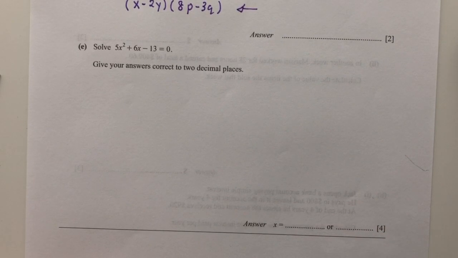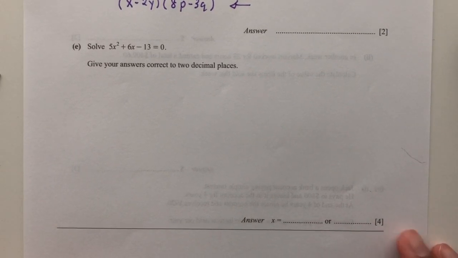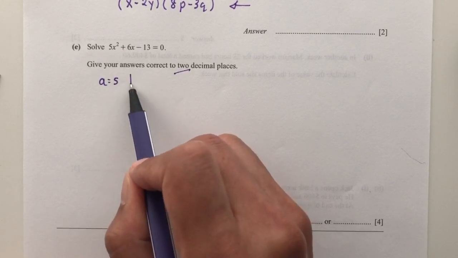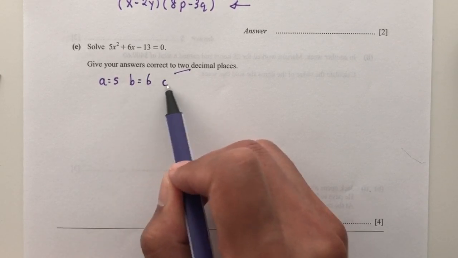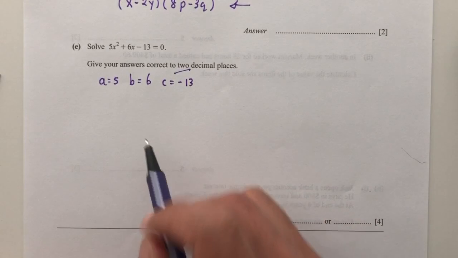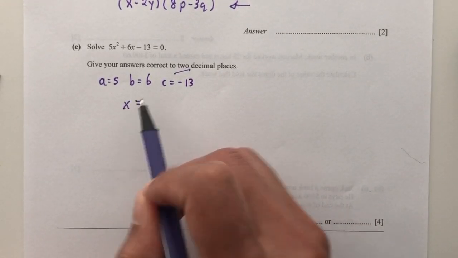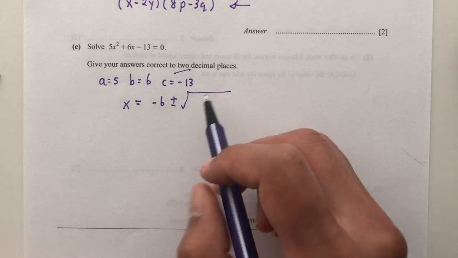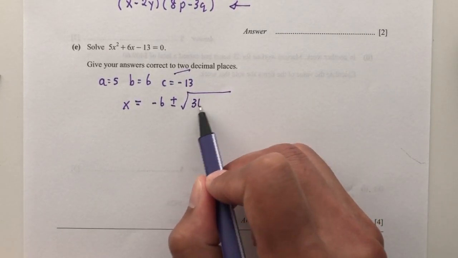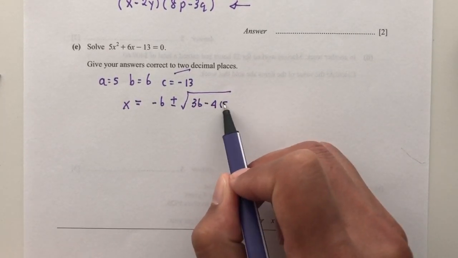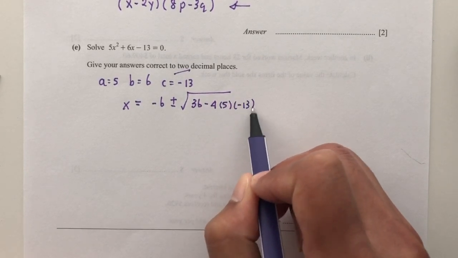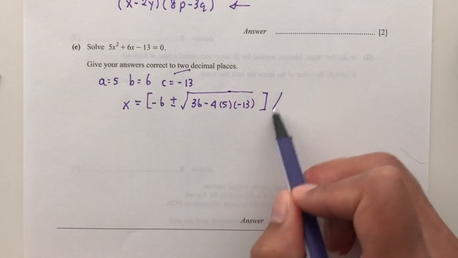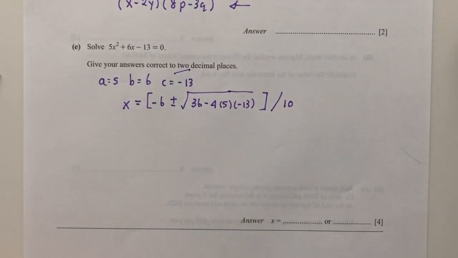Now for part E, solve the equation giving your answer correct to 2dp. So we have a equal to 5, b equal to 6, c equal to minus 13. So x will be equal to minus b plus or minus square root of b squared, which is 36, minus 4 times a times c, all this divided by 2a, which is 10.